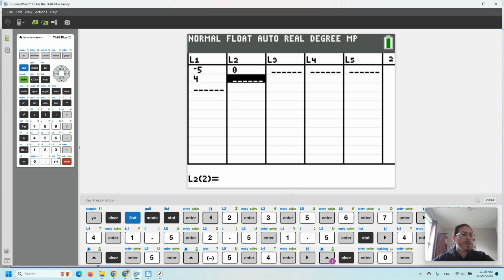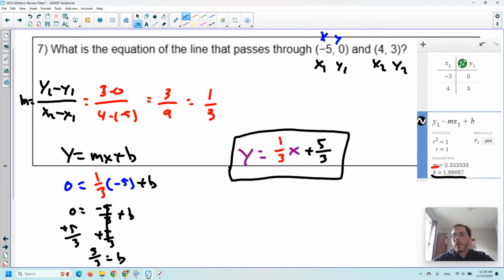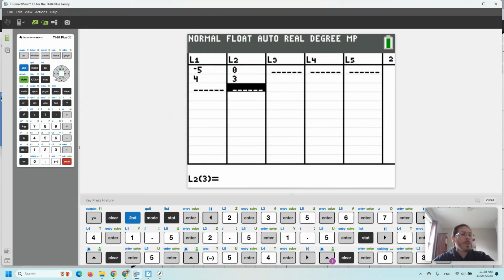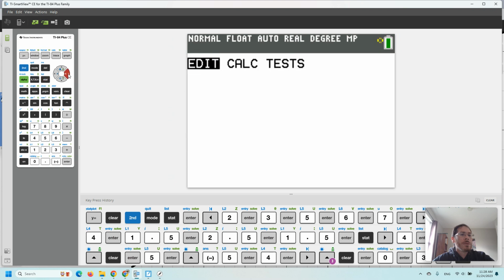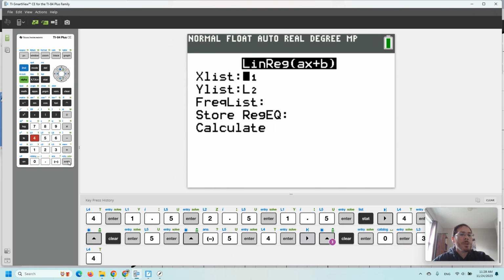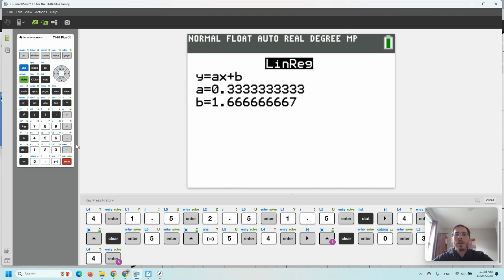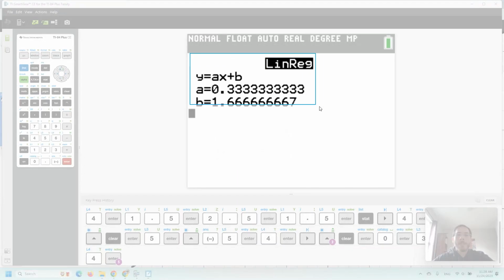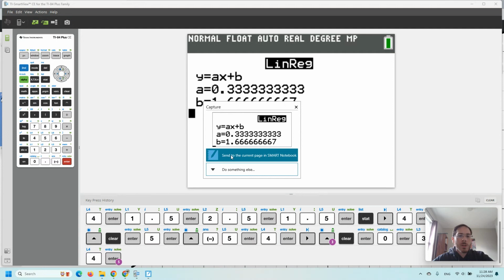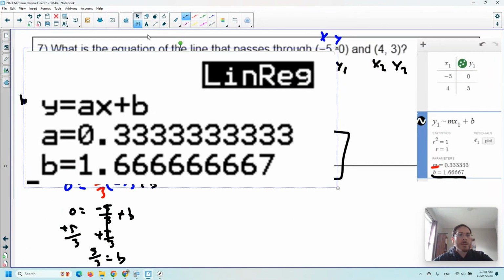And then 0 and 3. Let me double check to make sure those are right. 4, 3, -5, 0. Yep, all right. So we'll hit stat over number 4 for the linear regression. And we can see we do get the same answer. So if we do our linear regression, we get the same thing.